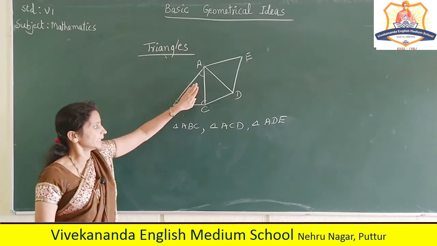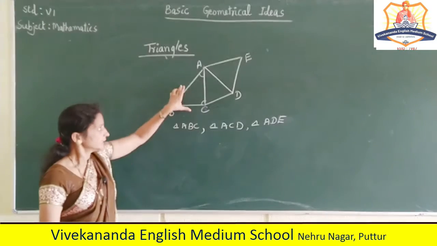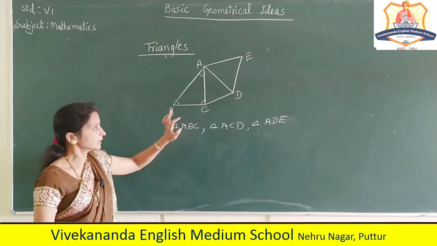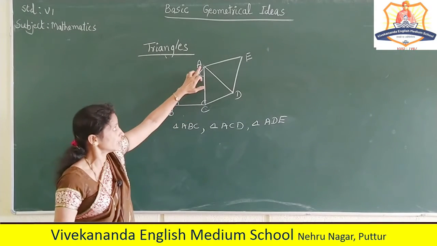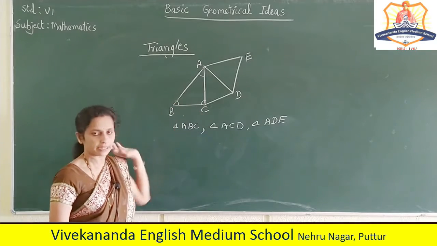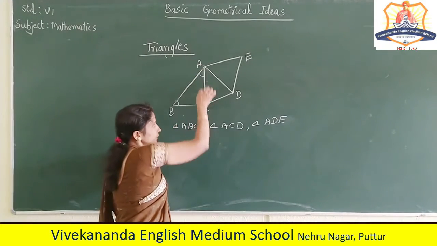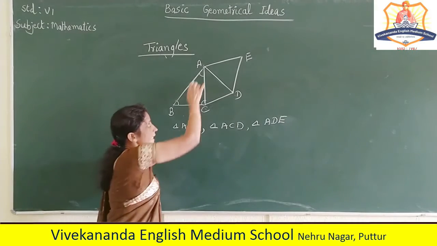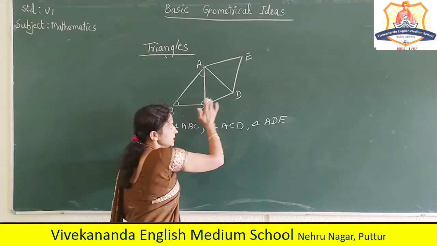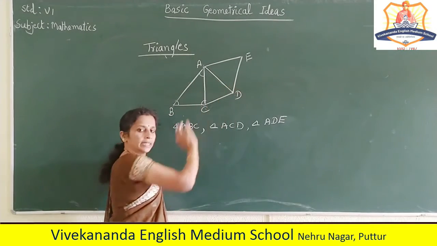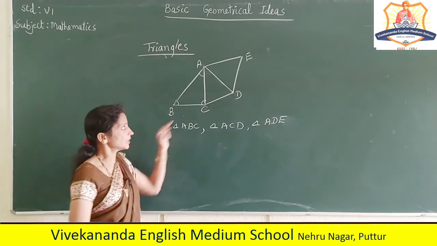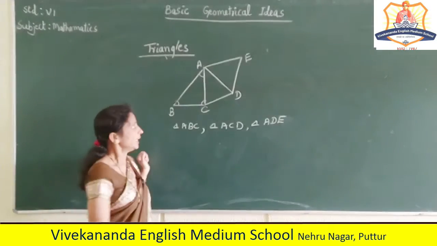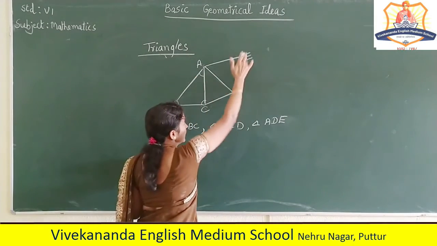So there are 3 angles in triangle ABC, 3 sides, and there are 3 vertices, vertex A, vertex B and vertex C. Now can you name the 3 different sides of the triangle ACD? AC is one side, CD and AD are the 3 sides of the triangle ACD. And name the sides of the triangle AED.